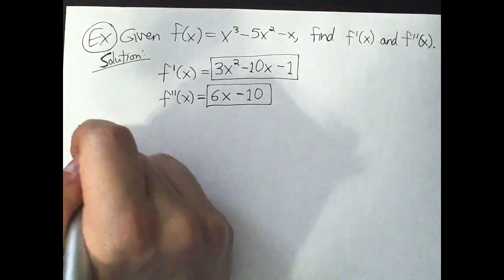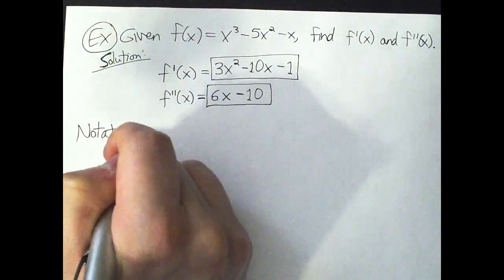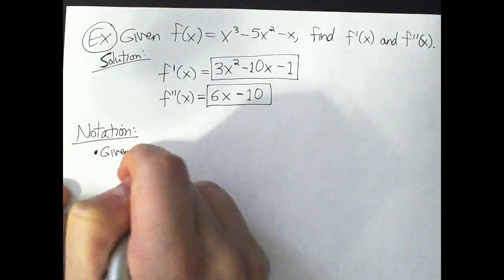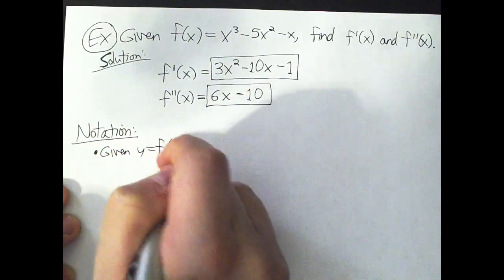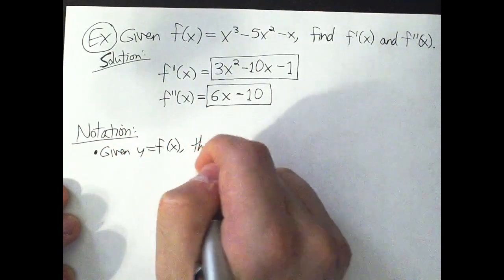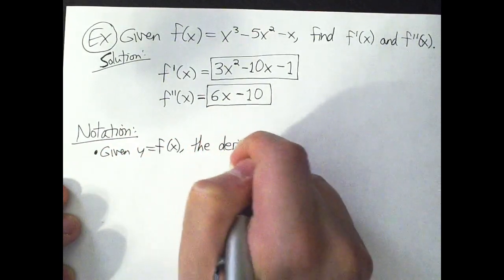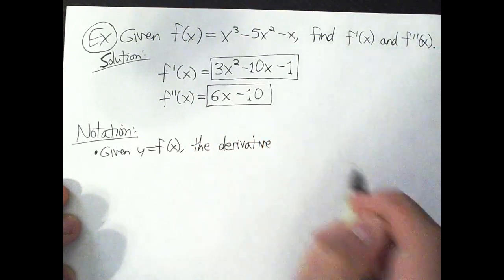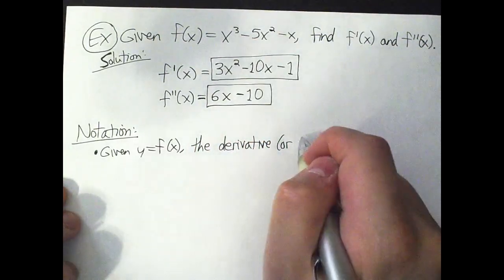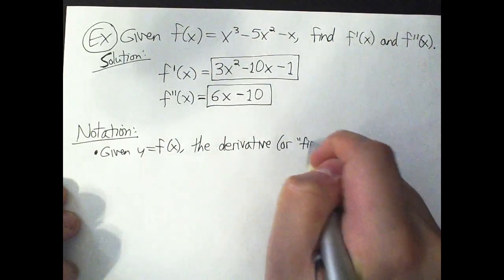Now, I need to tell you some notation. When we're given y equals f of x, okay, first, this line that I write here is going to be something we've kind of said already, but I think it bears repeating. The derivative, or we might sometimes refer to it as the first derivative.